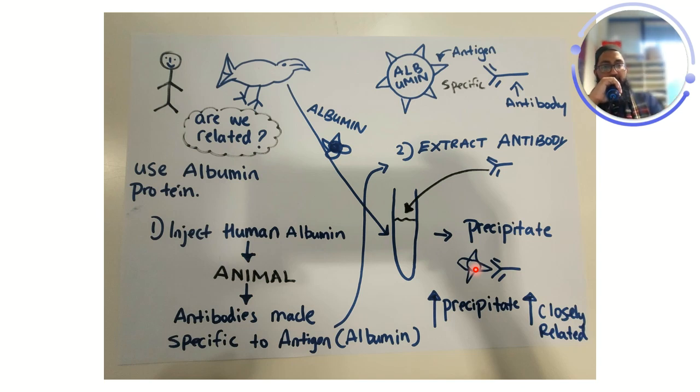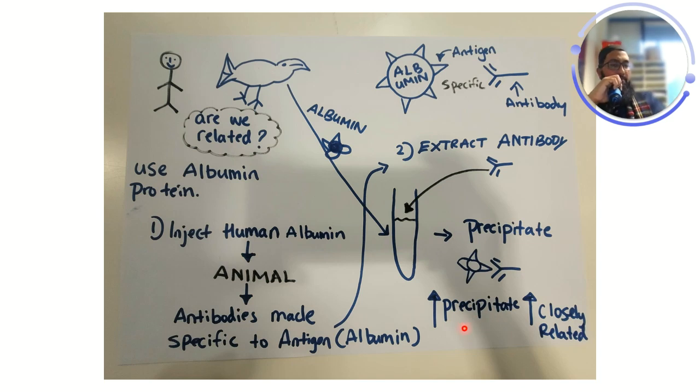Hopefully you got that point. Now when they bind, in the test tube, it causes precipitate. Precipitate literally means a solid mass. It forms a solid mass. So if it binds a lot, it forms more solid mass, more precipitate. If it binds very little, it forms less solid mass, less precipitate.